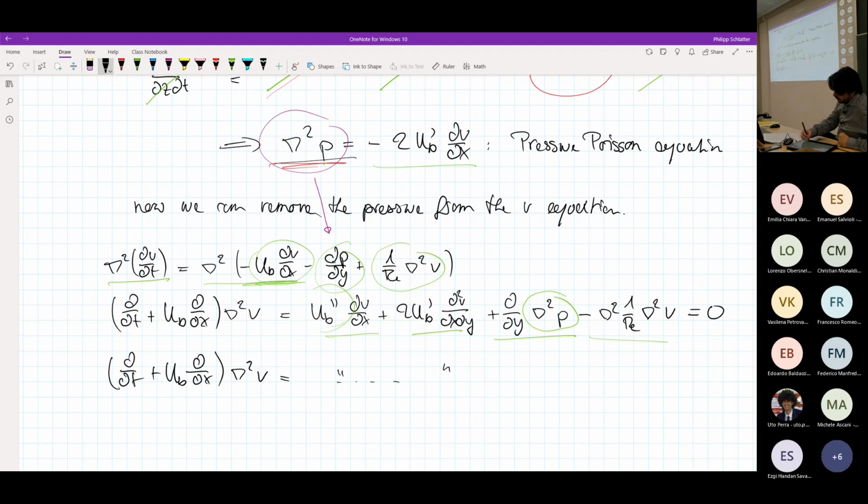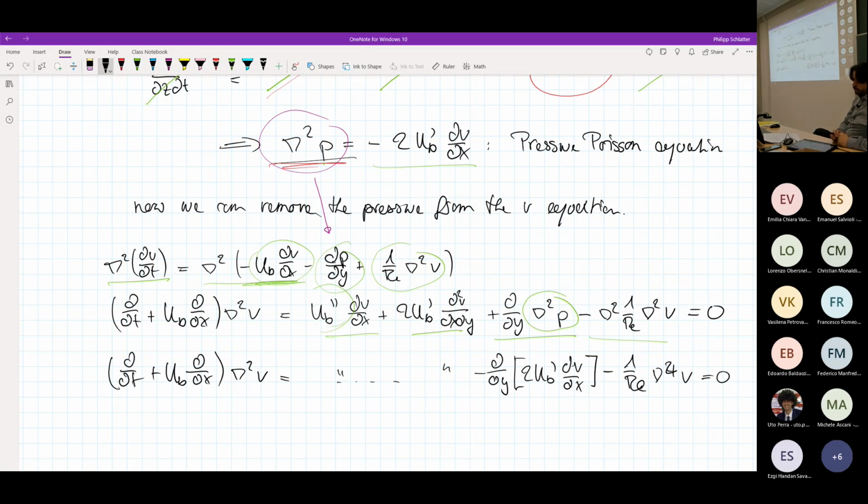But now I can take in this one here, which is d/dy, with a minus sign because I have a minus here, of 2 ub prime dv dx. So here it is. And this one I can rewrite a bit, because I can take the nabla in, so I actually get nabla to the power of 4 of v.